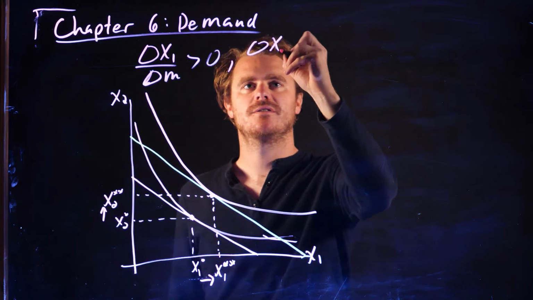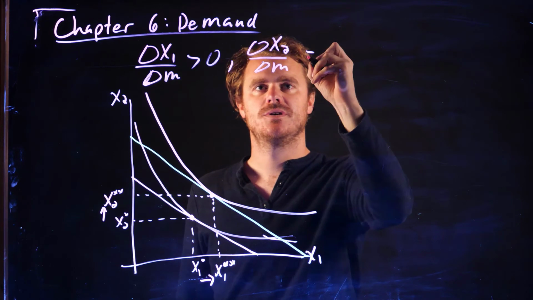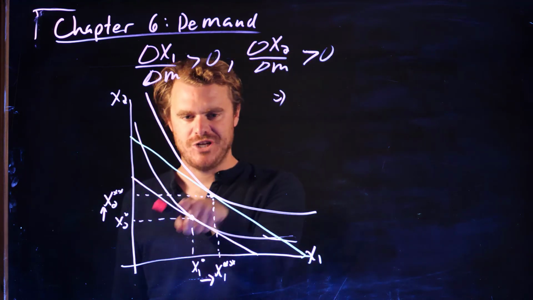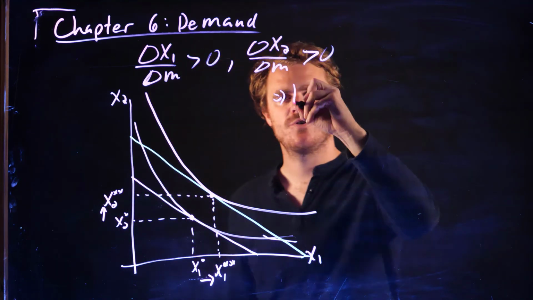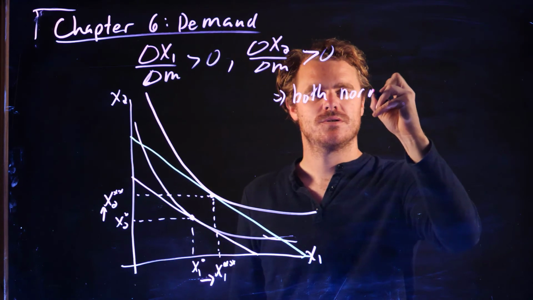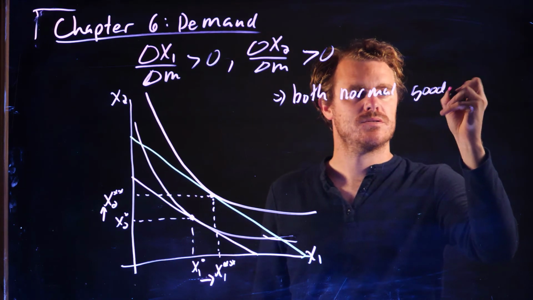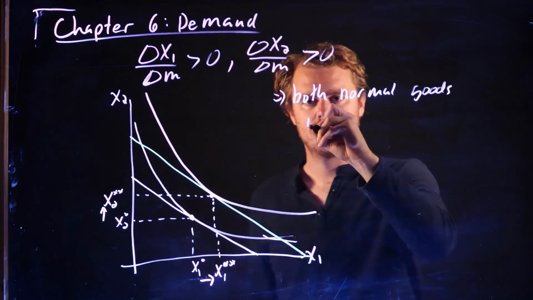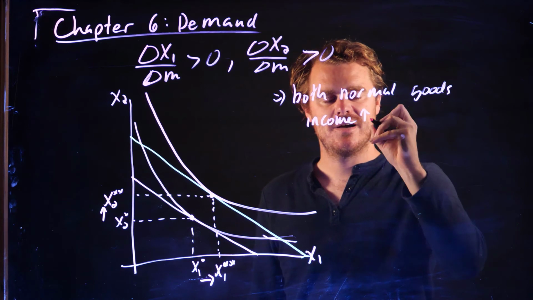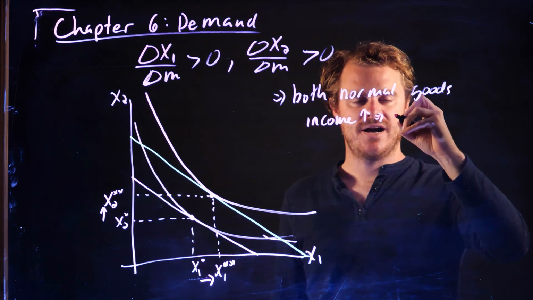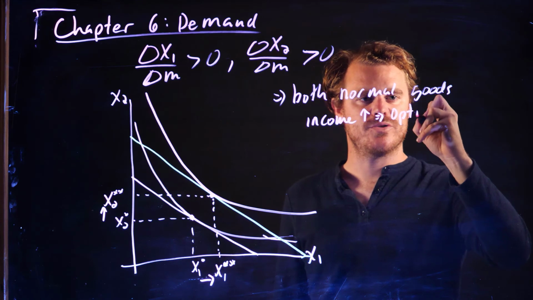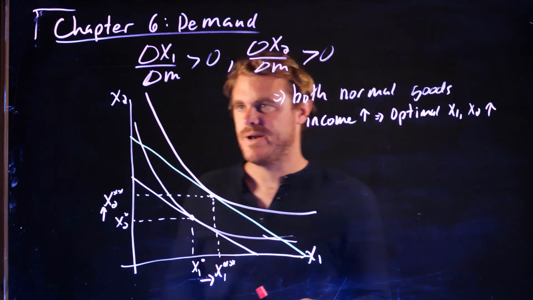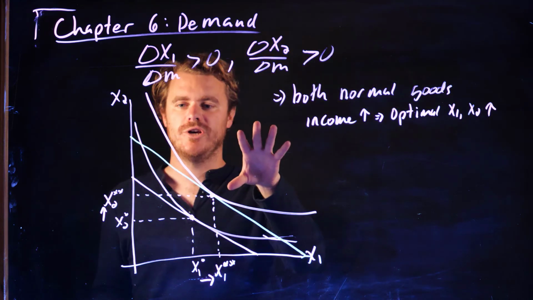So here, the change in x2 is also greater than 0 from a positive change in income. Here they're both normal goods. Income increased, and that causes the optimal choice for both to go up. So this is what a normal good looks like.